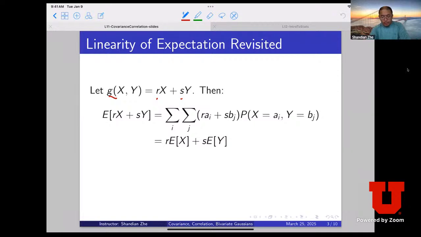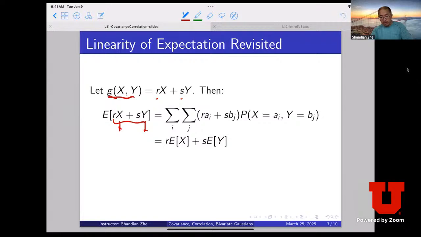So when we calculate the expectation of this linear combination, rX plus sY, we can decompose it as a linear combination of the expectation of X and expectation of Y, in terms of these coefficients r and s. So you see that I apply the expectation directly over each random variable, then do the linear combination.